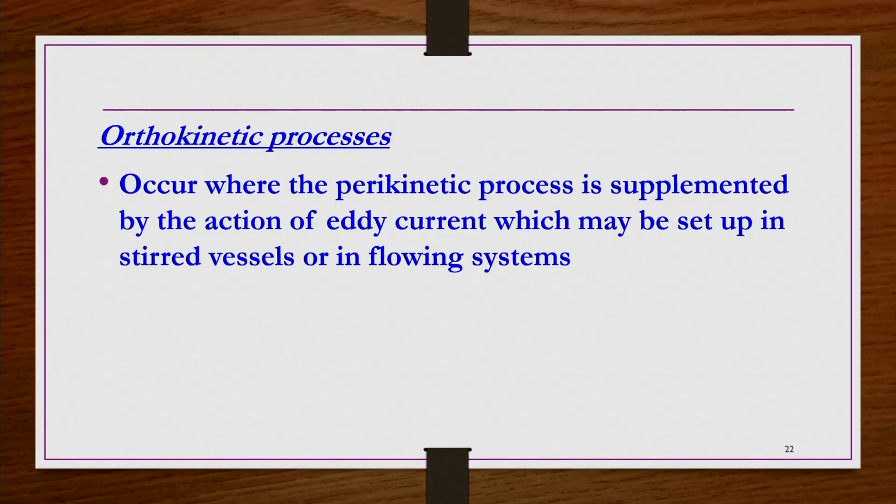So, when the orthokinetic process is dominating, the contribution from the perikinetic process may be very small. Both of them may be there, but the contribution may be very small.